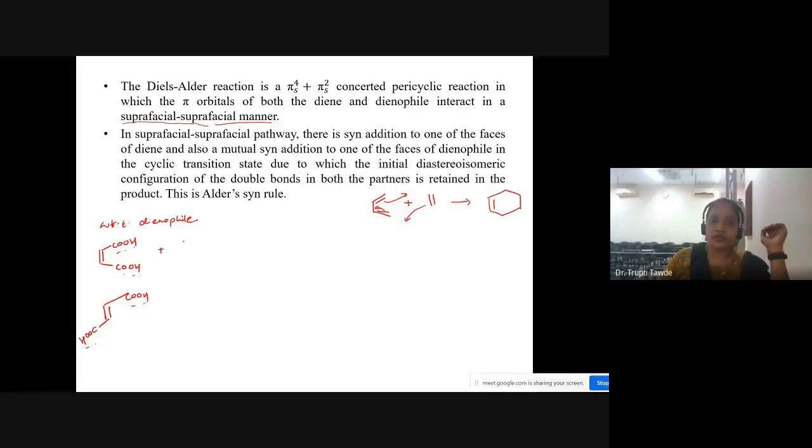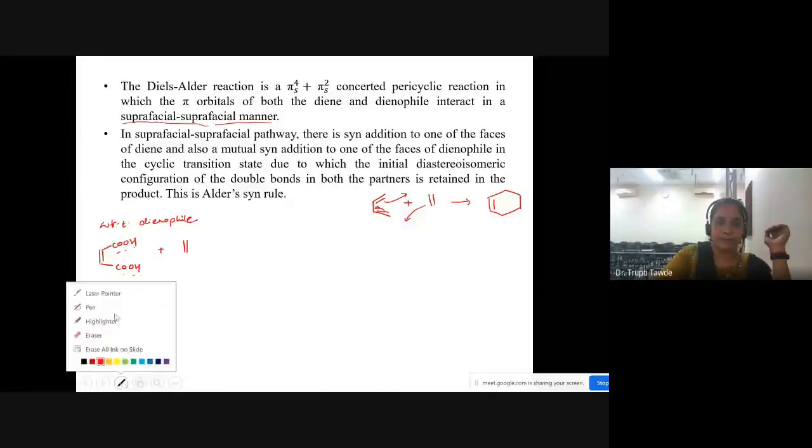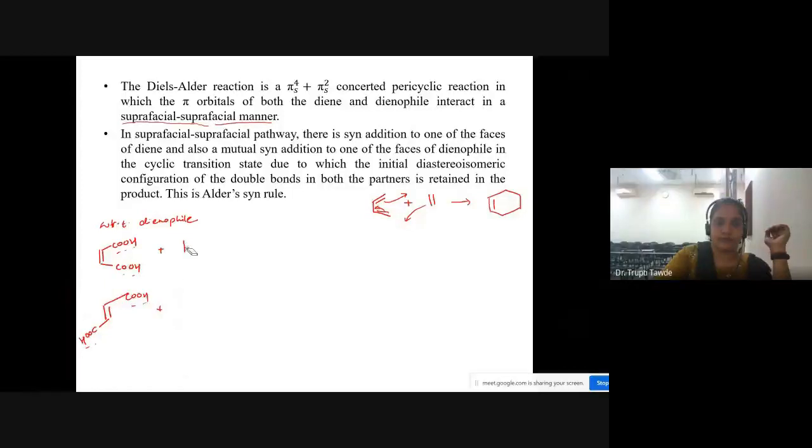This is my another alkene. Now I have to take the diene system.